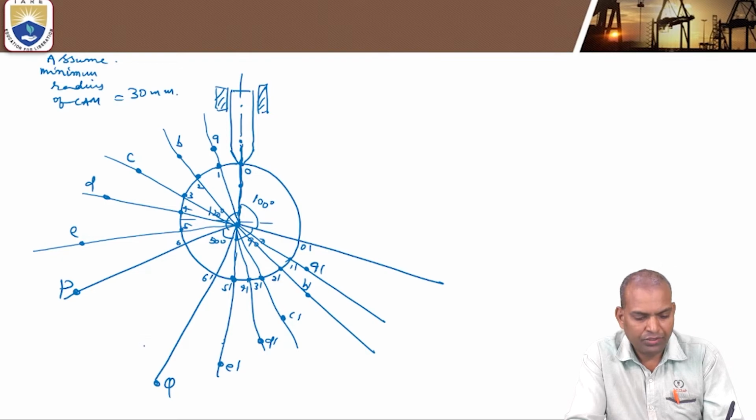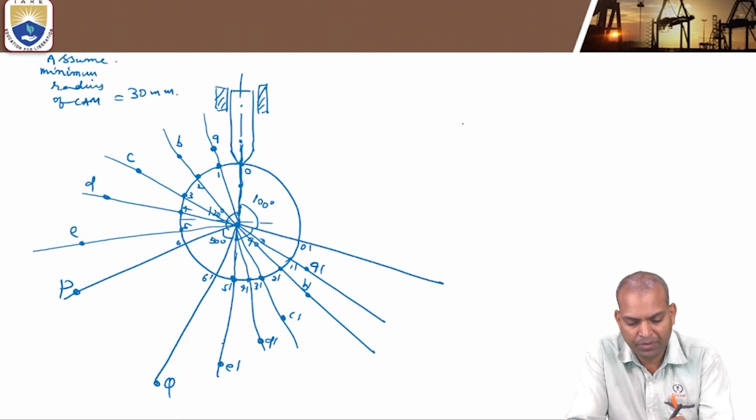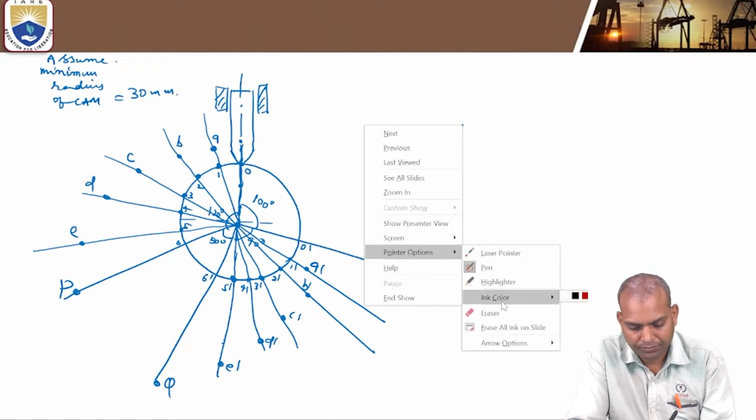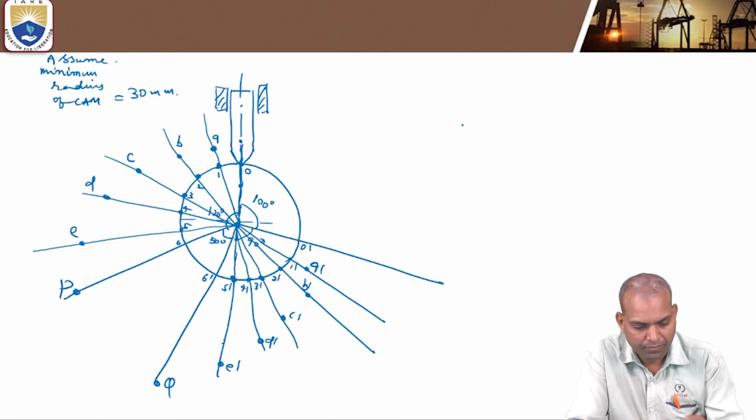Then we can observe the cam profile, the shape of a cam. That is known as the cam profile. Now join it with a smooth curve.